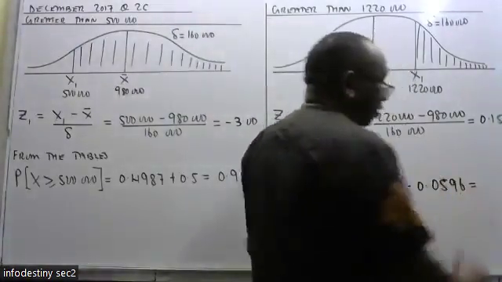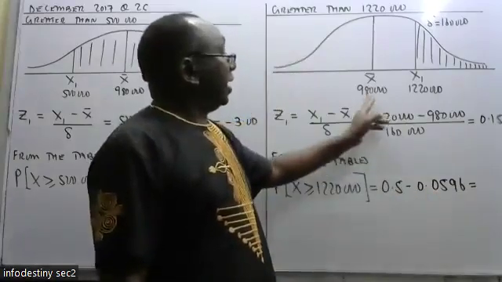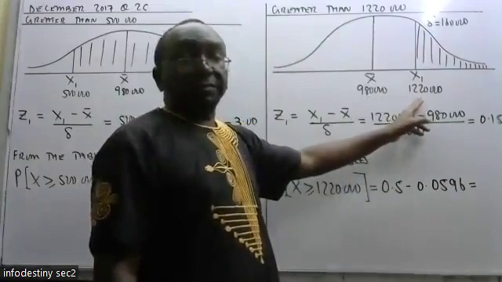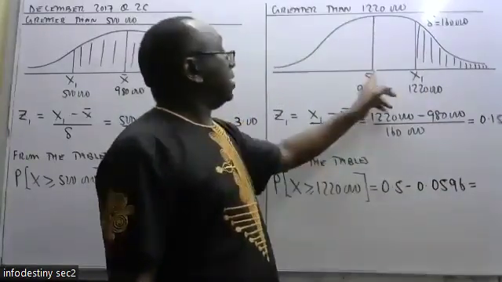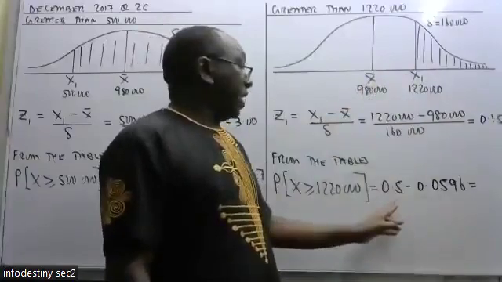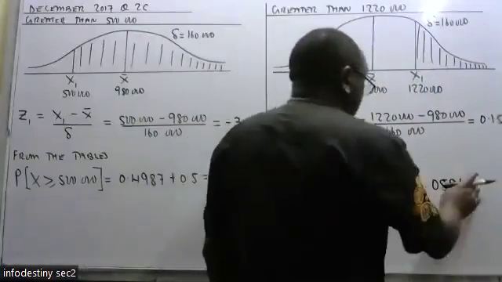Now this one, 0.0596, is the probability from 980 to 1,220. And because we want the greater one, which we know from here all the way to the end is 0.5, then we'll have to subtract.